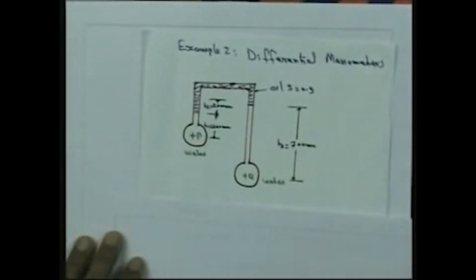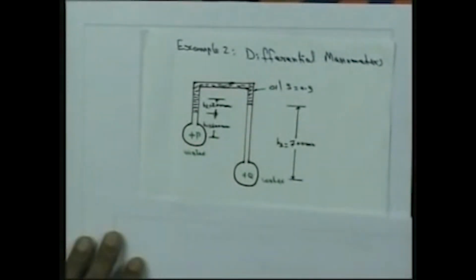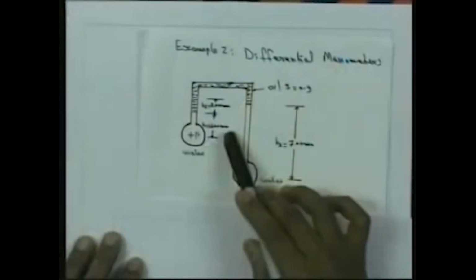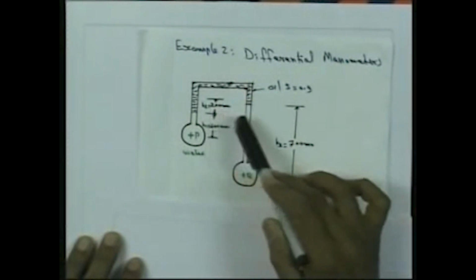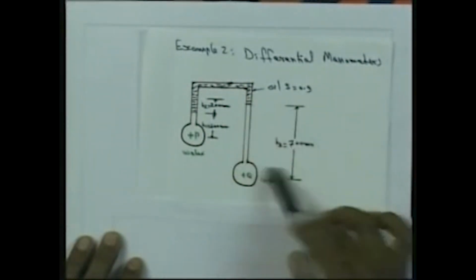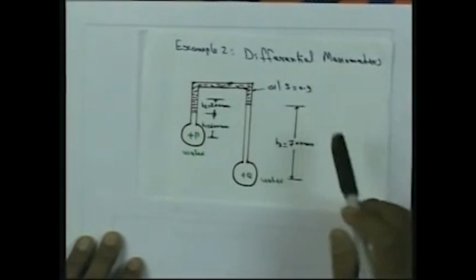The water is there in the pipes, and the liquid in the manometer is oil with a specific gravity of 0.9, and in the measurements H1 is equal to 300 millimeter, H2 is equal to 200 millimeter, and H3 is measured as 700 millimeter.